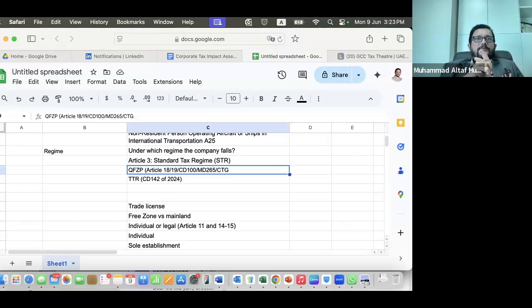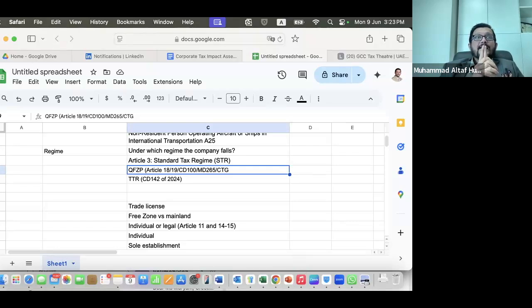And the interesting part is that if we look at the various structures provided in free zones, none of the structures gives a sole establishment option, to my knowledge. Maybe I'm wrong, maybe some free zone may give this structure, but to this day, I have not seen any single free zone give a sole establishment or sole proprietor status.